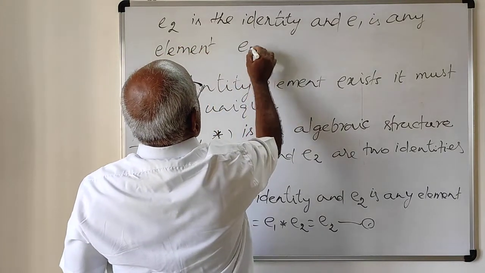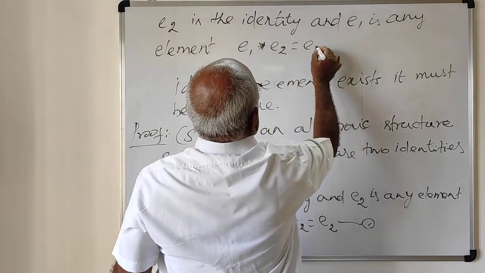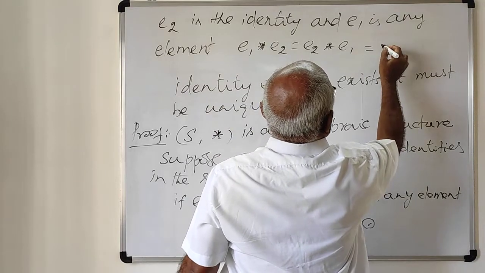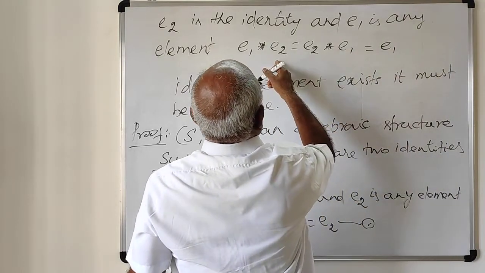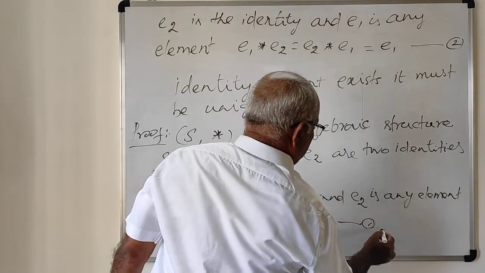Then E1 star E2 equals E2 star E1 equals E1, because E2 is identity here. This is equation 2.